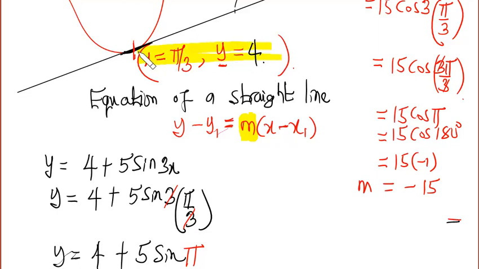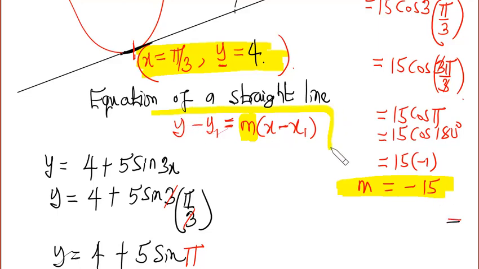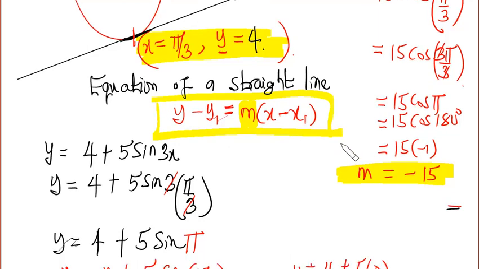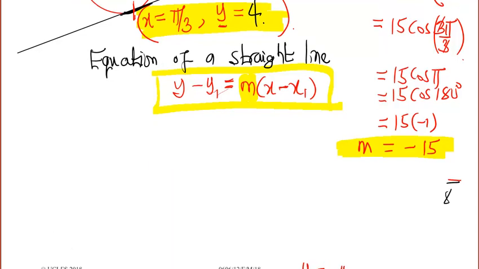Now this is required to obtain the equation of the tangent to the curve, which is actually a straight line equation, and the gradient m equals minus 15 is required. Also, the formula for the equation of the tangent, the required straight line. So I'll write that point out. The point required: the coordinates x and y, pi over 3, 4. The gradient m is minus 15, and now, don't forget, the equation of a straight line is an equation in terms of y and x.